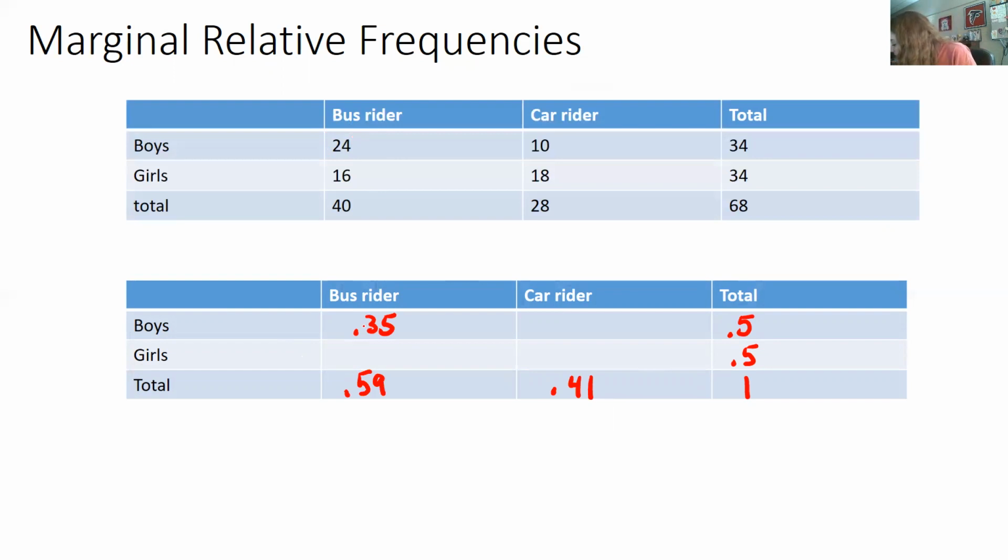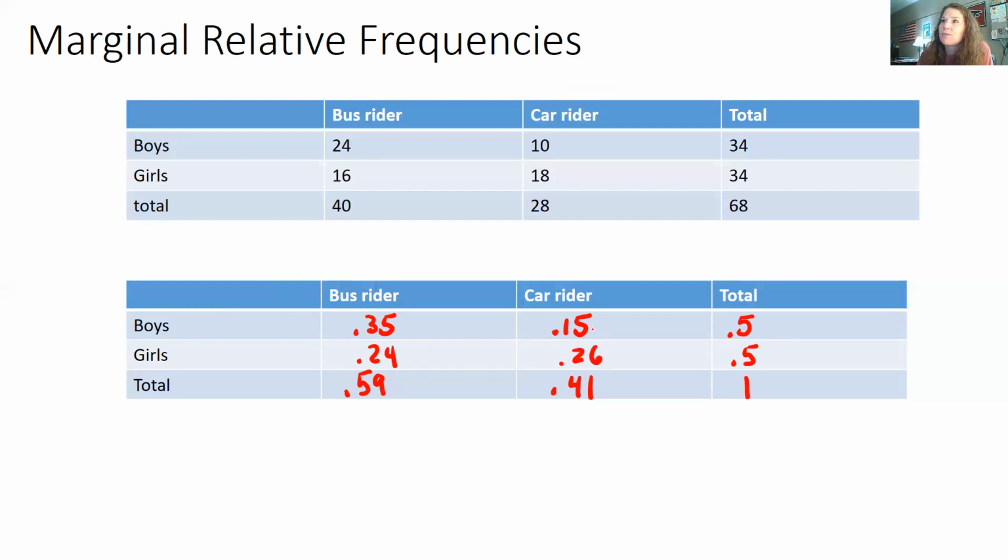So 16 out of 68 is 0.24. And that is equal to 0.59, isn't it? And then 10 out of 68 is about 0.15. And 18 out of 68 is 0.26.